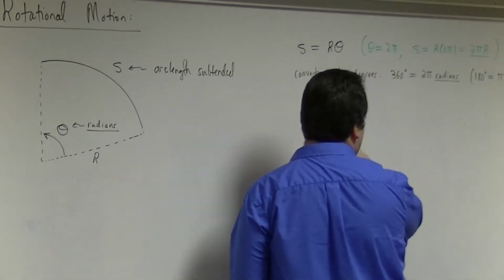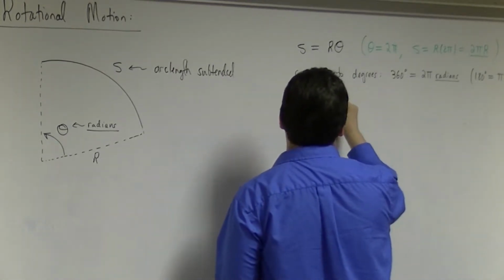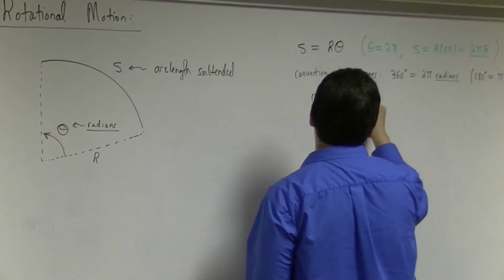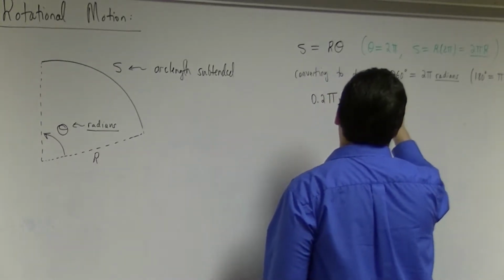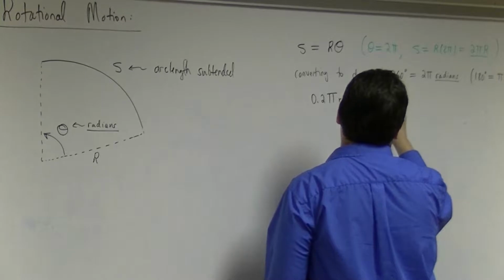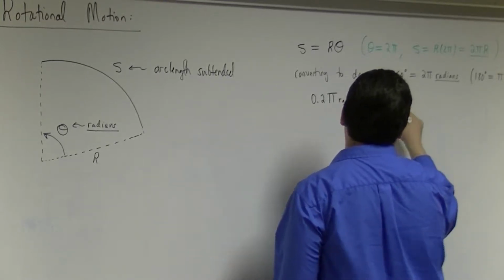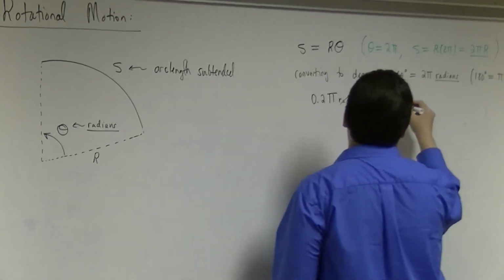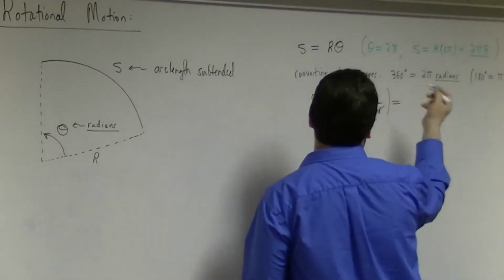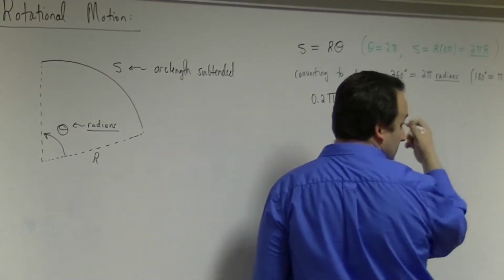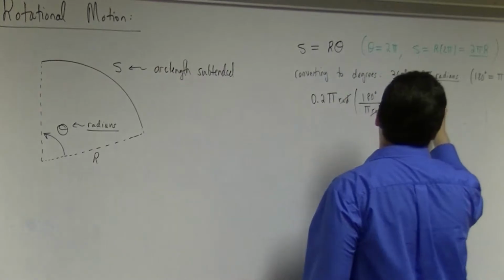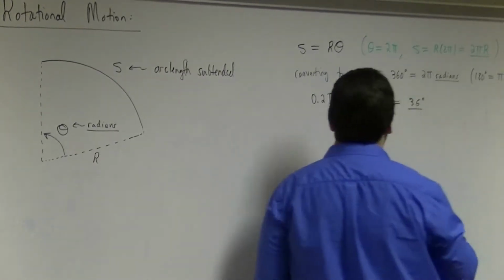That's not a very exciting conversion. So how about 0.2 pi radians, what is that? You multiply by 180 degrees, you divide by pi radians, the radians cancel, the pi's cancel, and you're left with 0.2 times 180, which is 36 degrees.